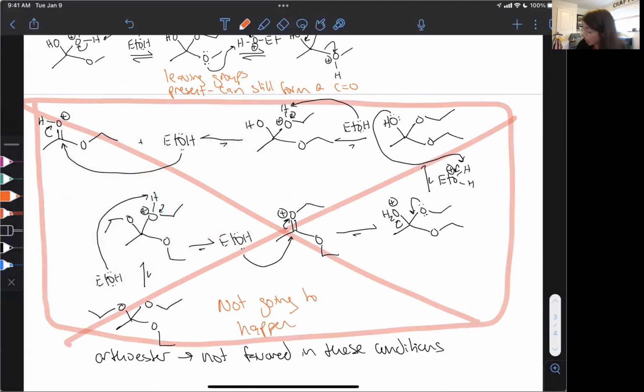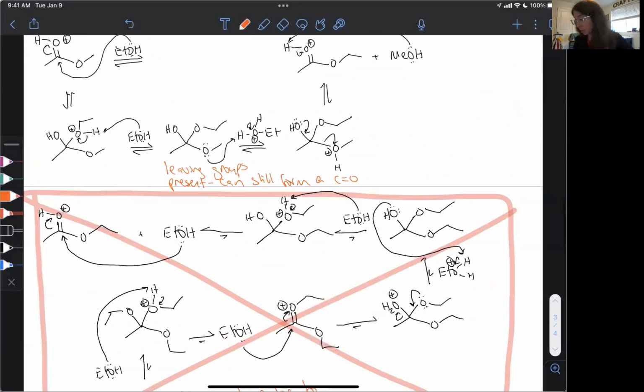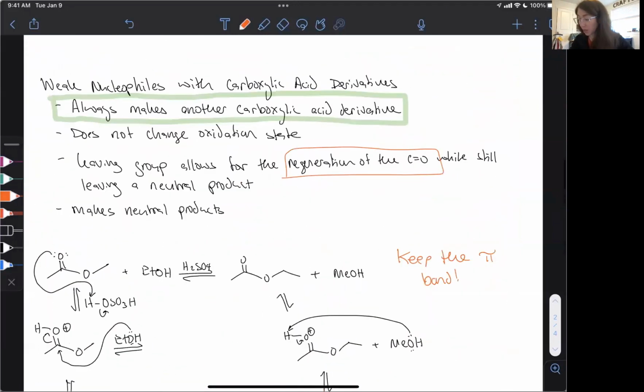It would much rather keep the oxygen-carbon double bond there. We'd rather keep that carbon-oxygen double bond than try to get rid of it in some kind of acetal situation.